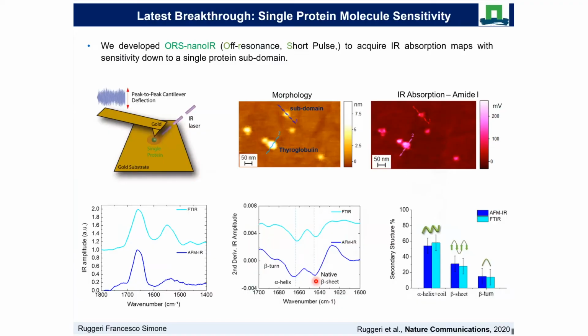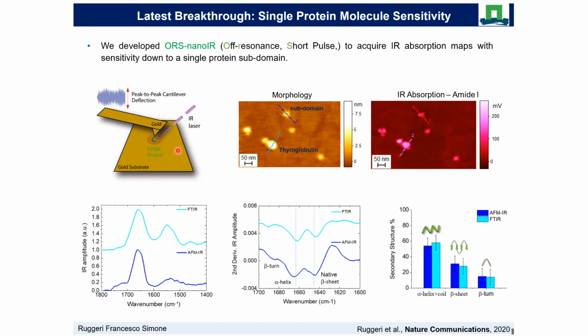By developing what we call ORS nano-IR, which is off-resonance, short pulse, and low power infrared nanospectroscopy, we could put a single protein between a gold tip and a substrate nanogap. And by doing so, we could retrieve simultaneously morphological maps and IR absorption maps in the amide band 1 of single proteins, such as, for instance, thyroglobulin.